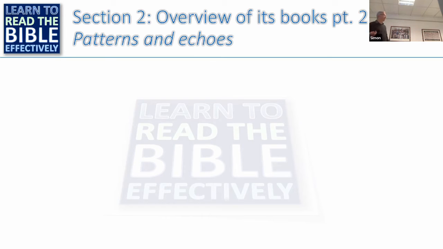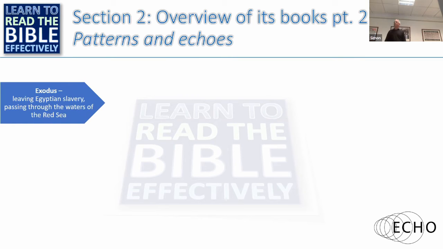They pointed forward towards Jesus. We call them either echoes or types, because a type is typical of something else. And so we see these echoes coming through, and here are some examples.